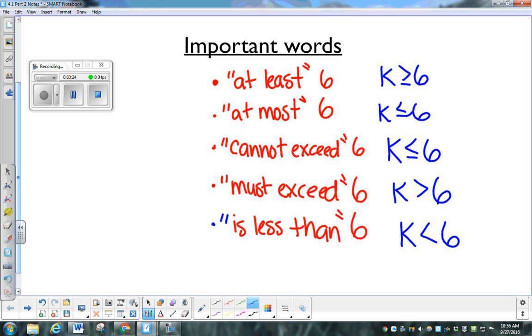It cannot equal 6, it has to be less than 6. Our next one is similar. It is "more than." So if I said k is more than 6, it's the same as saying k is greater than 6. k has to be something greater than 6. It cannot be 6. It has to be more than 6.